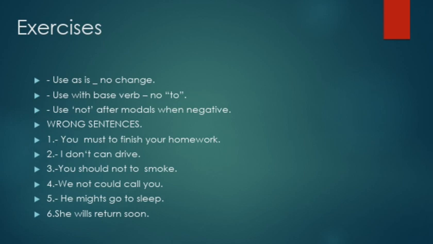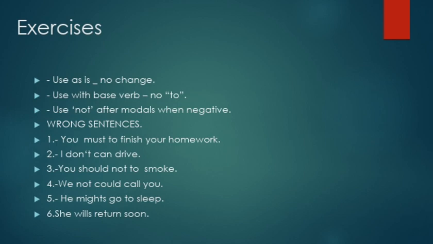Now the rules are written at the top just in case you didn't remember them exactly. Number one, use as is, not change. Number two, use with base verb, no to. Number three, use not after modals when negative. Now, we can see 8 different sentences.